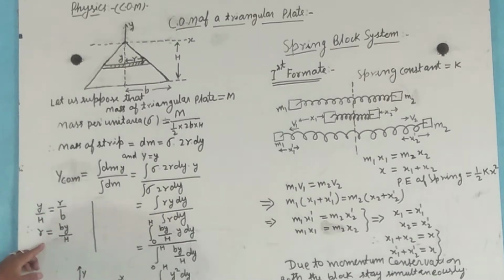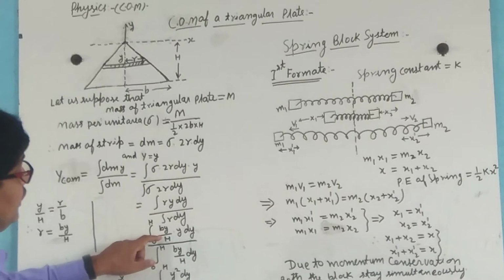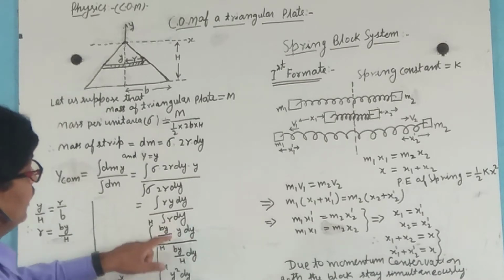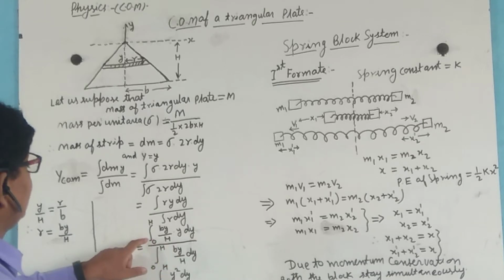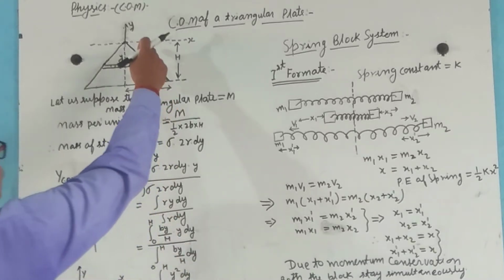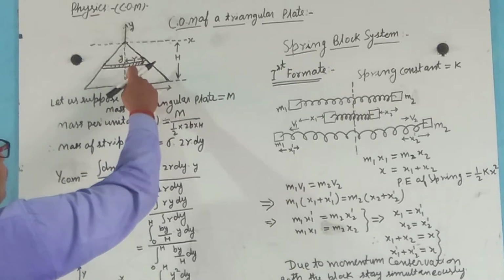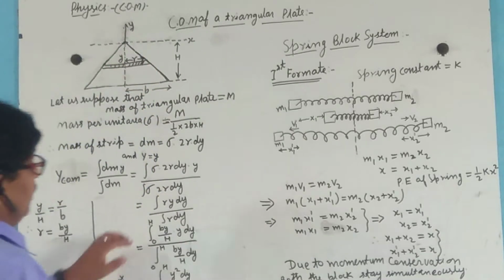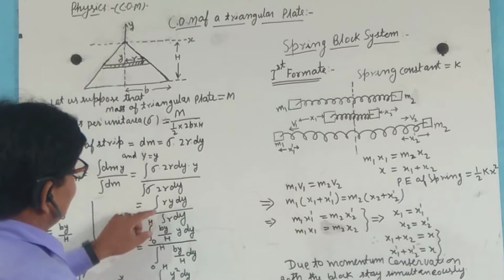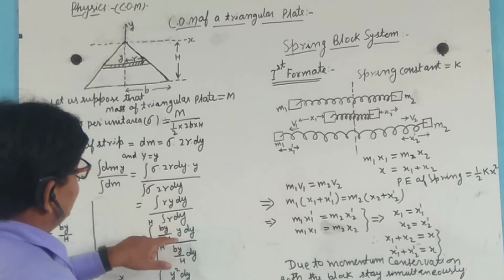Putting r equal to b y by h here, and taking the limit 0 to h because this height is h, r is equal to b by h into y.